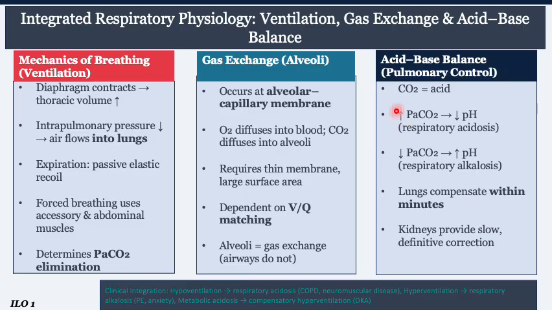So increased partial pressure of carbon dioxide will cause a decreased pH. Remember, like I said, decreased pH is normally due to increased hydrogen ion. This is known as a respiratory acidosis. If you have a decreased partial pressure of carbon dioxide and an increased pH, that is alkalosis.